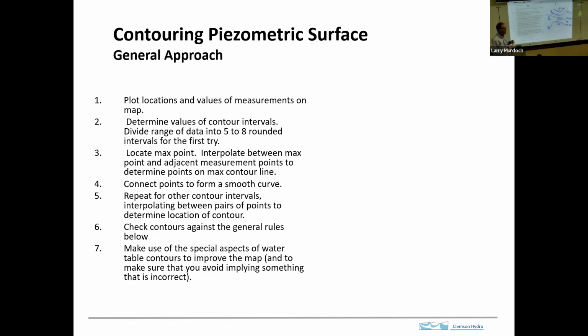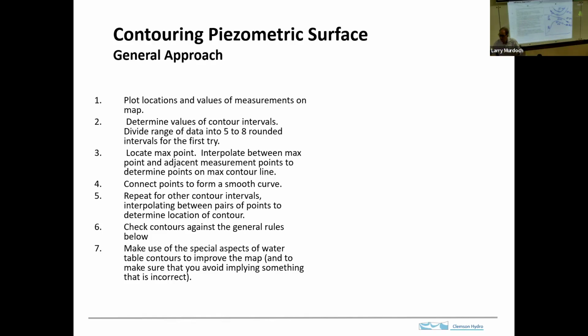Some of the general rules for contours: they can't split and they can't merge. The contour just has to be a single line, and it's going to either go off of the map region, like all of these would, or it could close on itself.